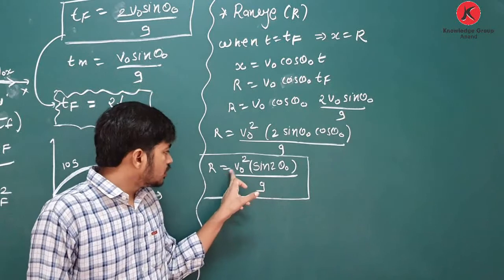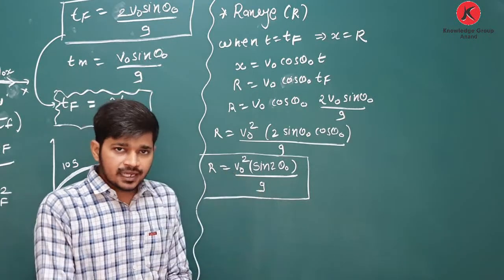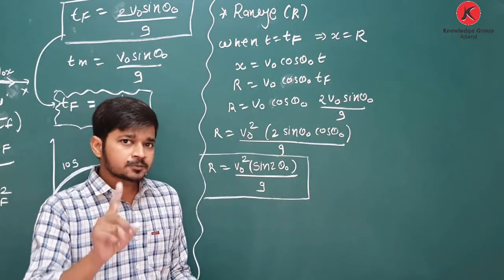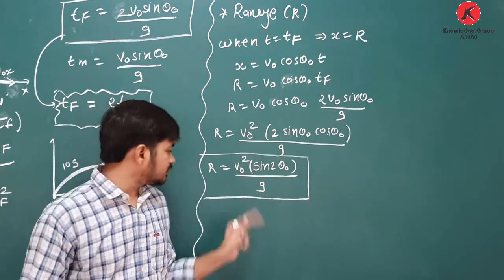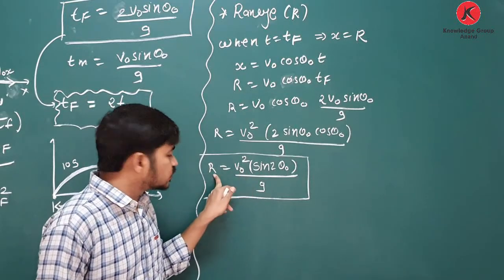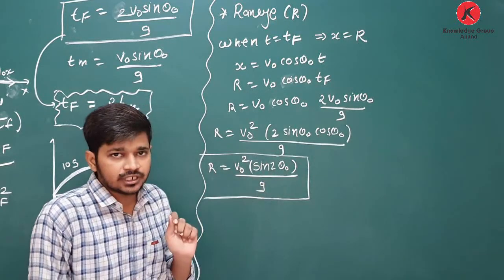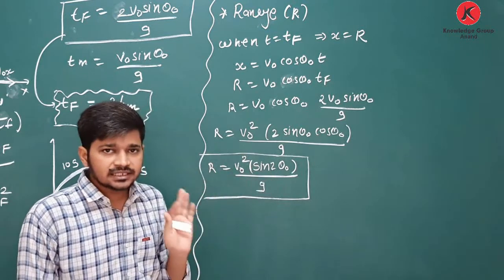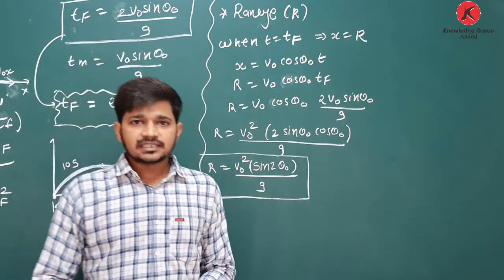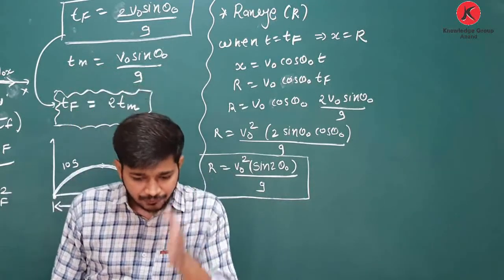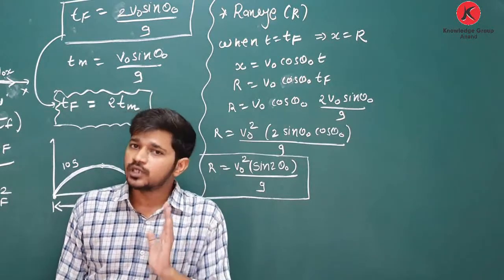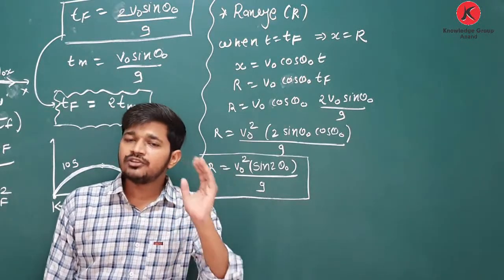R is equal to v0 square sin 2 theta upon g. If in each and every case the initial speed is the same, and g is constant, then the value of R depends on sin 2 theta. Now sine is a trigonometric function whose range is from -1 to 1, meaning its maximum value is 1.